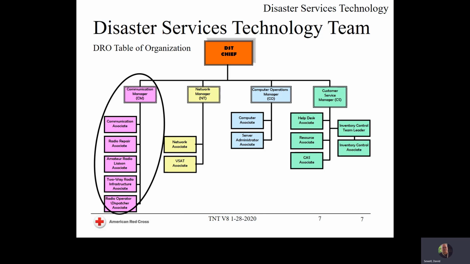They won't open the radio and try to figure out what's going on. The amateur radio liaison coordinates with local amateur radio groups. The two-way radio infrastructure associate and the radio operator dispatcher will work to support the other disaster responders in the area in designing and deploying radios, and also teaching radio etiquette and how to use the radios.